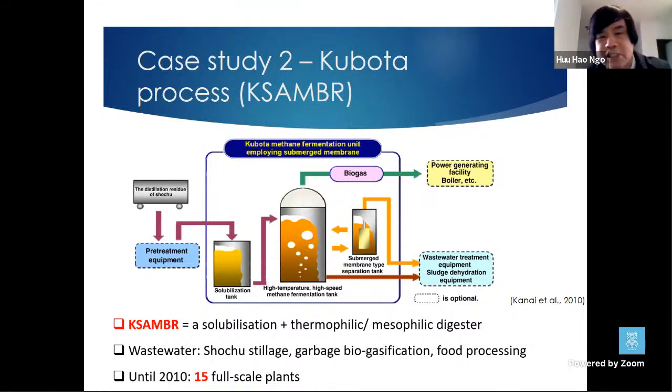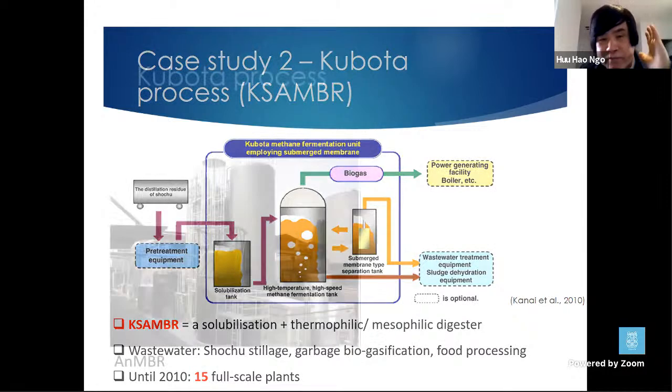That is really sustainable. And the wastewater is from shochu, that kind of alcohol. Japanese and Koreans love shochu very much. Because of this success, Kubota already had 15 full-scale plants in Japan until 2010. So this one is successful.